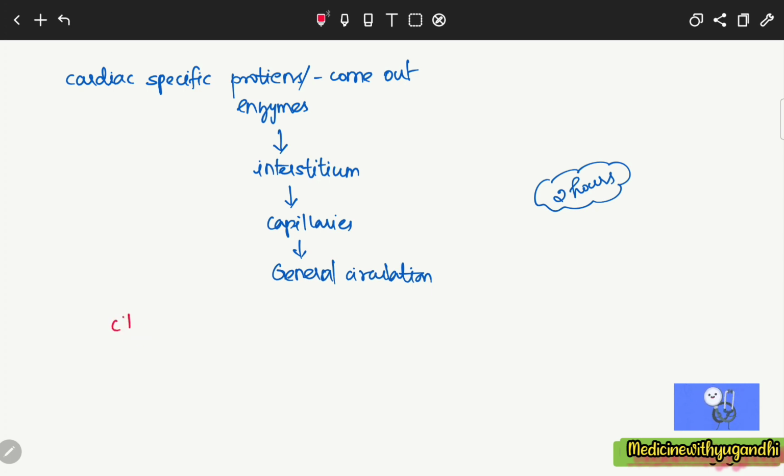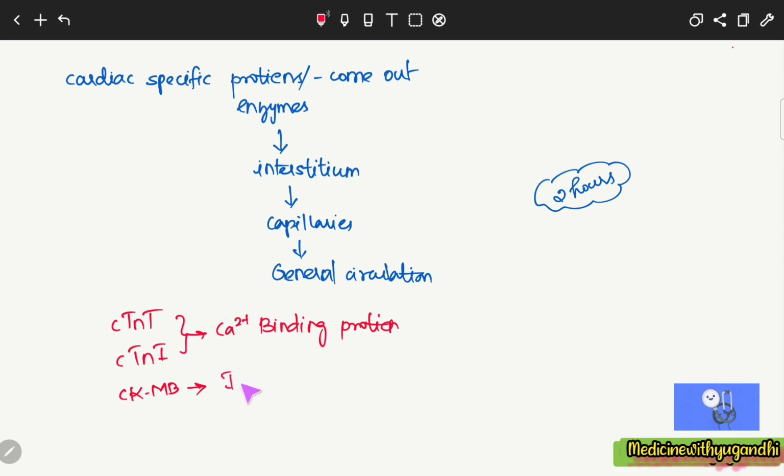One is cardiac troponin T, then cardiac troponin I, then creatine kinase MB. These two troponins are special types of calcium binding proteins. Then of course CKMB is an isoenzyme of creatine kinase.